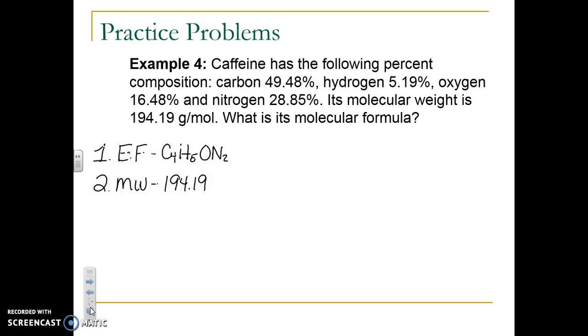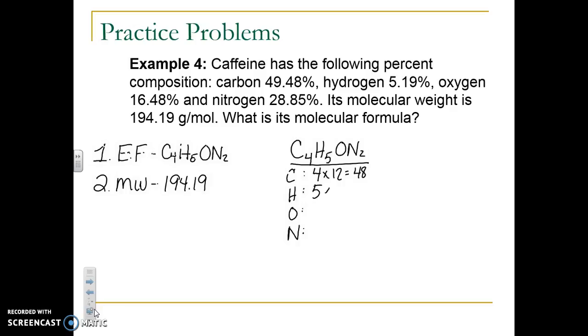As we did before, the first thing we need to do is find the mass of the empirical formula and check to see if it's the same as the molecular weight. So my empirical formula is C4H5ON2. So let's find the mass of that. We split it up into its 4 elements. I have 4 carbons. Those are 12 each, which is 48.